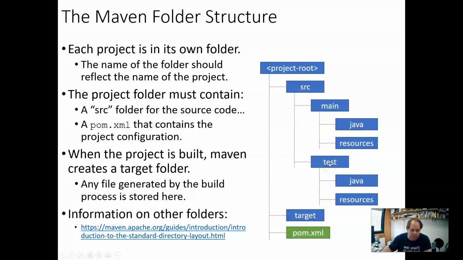The test folder maintains a separate location for all your test code, so when you run your unit tests, all those unit tests will be stored in the Java folder. And again, a resources folder is provided to allow you to specify test-related resources that you might need. So let's say you've got a natural language processing system that does some sort of analysis of natural language, and you have a test that uses a sample document, and you're going to check that it generates the right output.